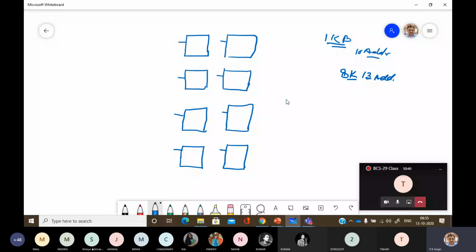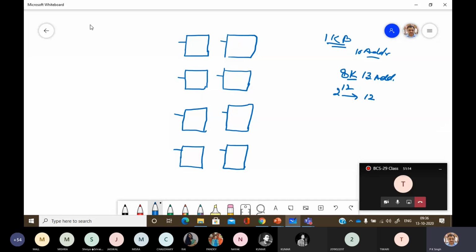But if it is word addressable, by applying an address you can refer to 16-bit information, 2 bytes, 1 byte from here and another byte from here. Then how many words? 2 to the power 12 words. So to address a word, we need only 12 address lines.